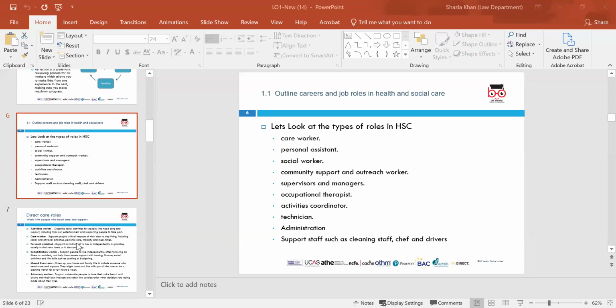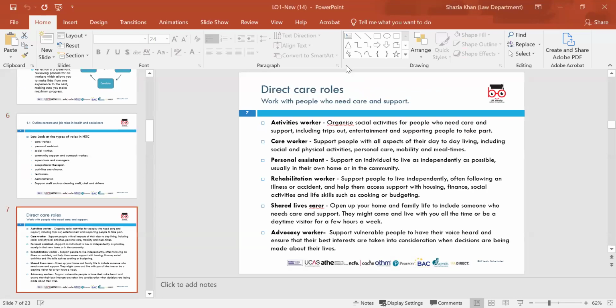Okay, so we have direct care roles, and these are working with people who need care and support. An activities worker is the first one, and they're usually based in care homes.